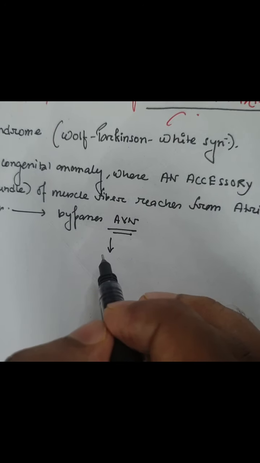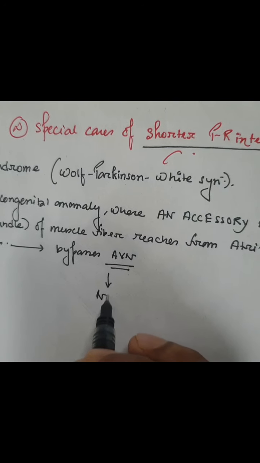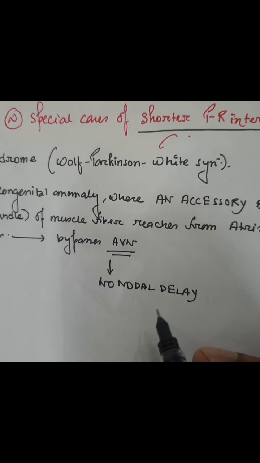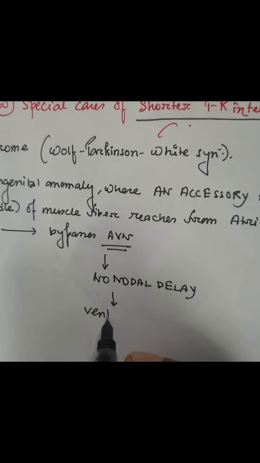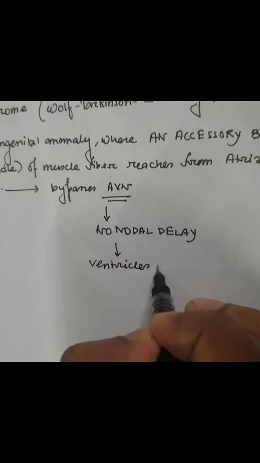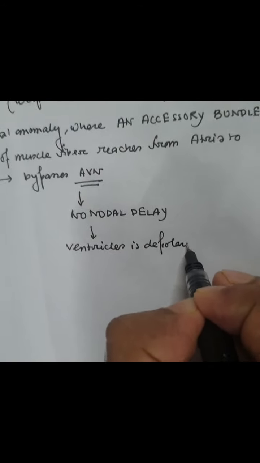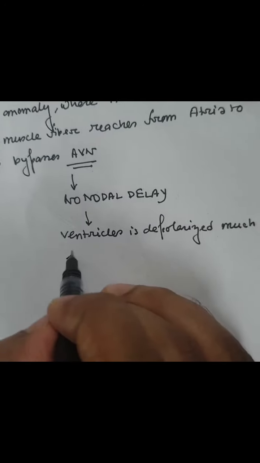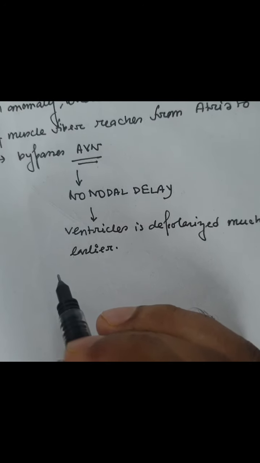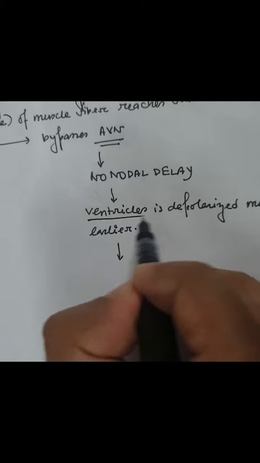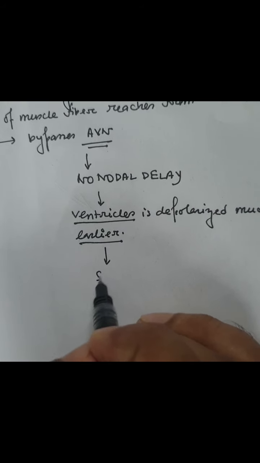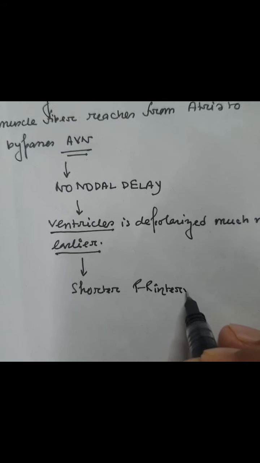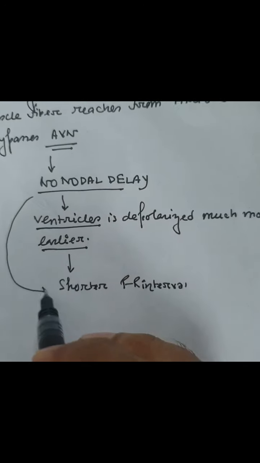So due to bypassing the AV node, there is no nodal delay, and the ventricles are depolarized much earlier. So there will be a shorter PR interval, as there is no nodal delay, number one.